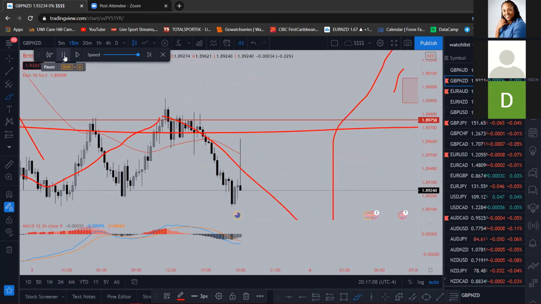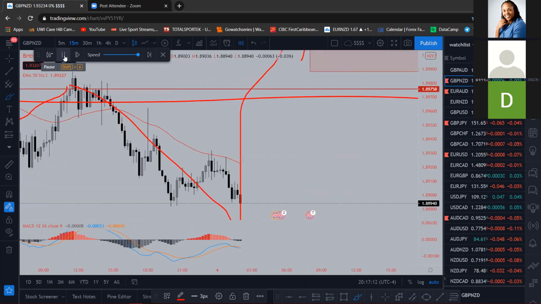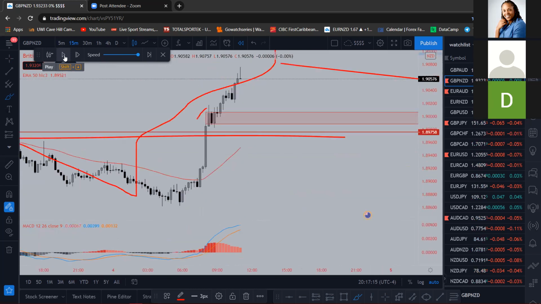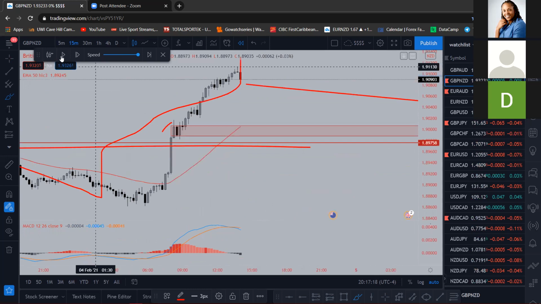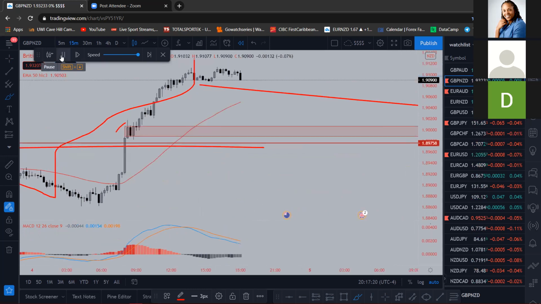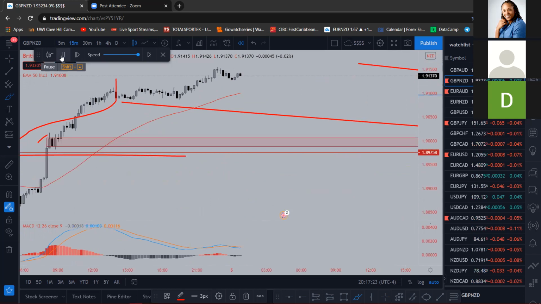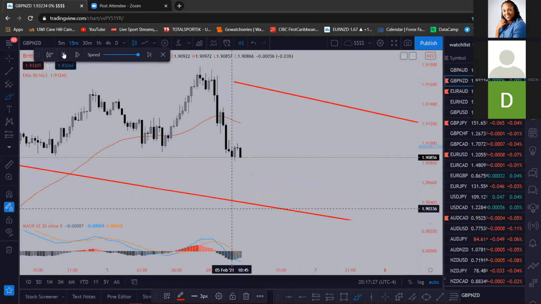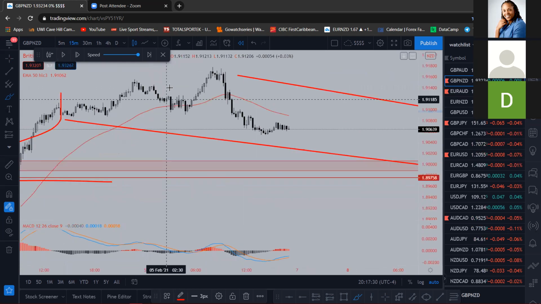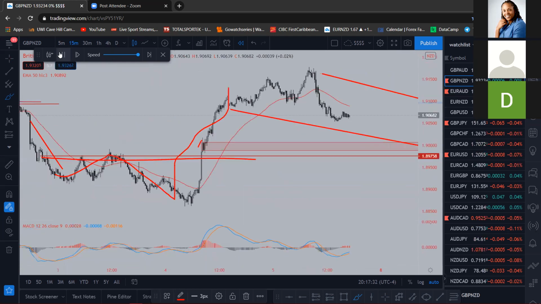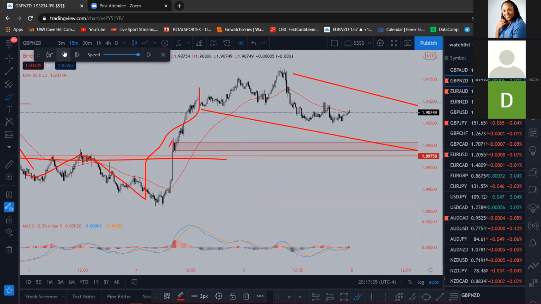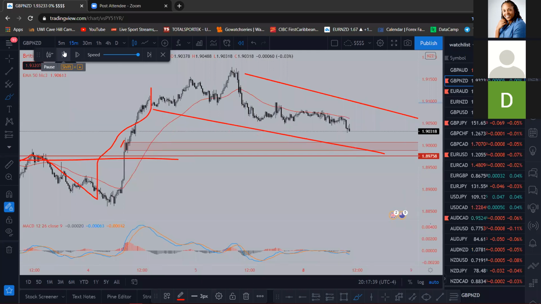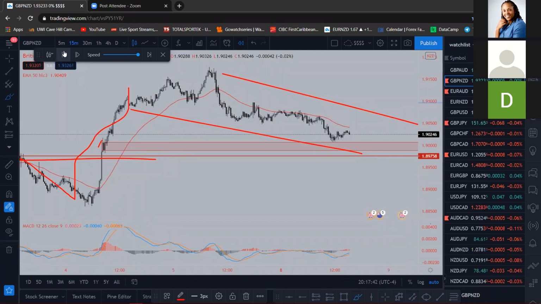We're waiting for the price to come back into that zone that we have marked, which should be this zone here. When price gets to that zone, we wait patiently. So we're back to that zone now.